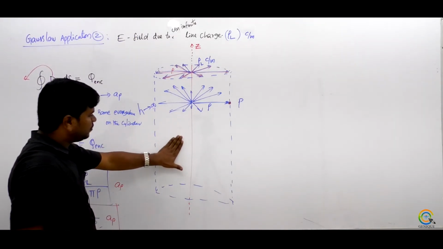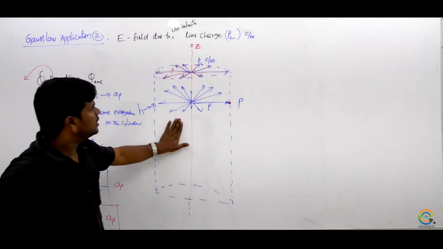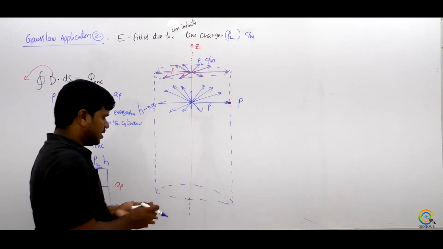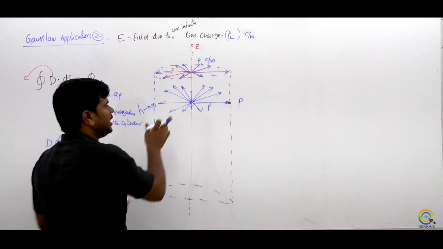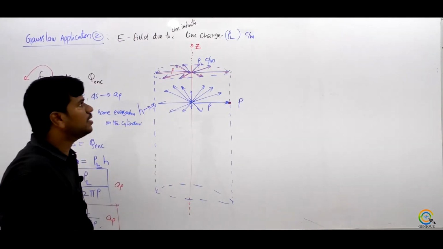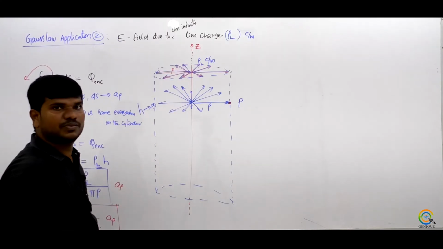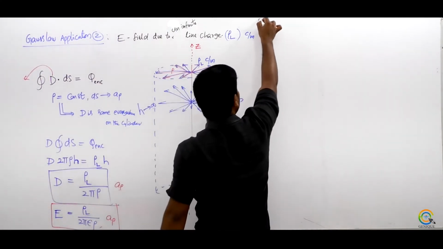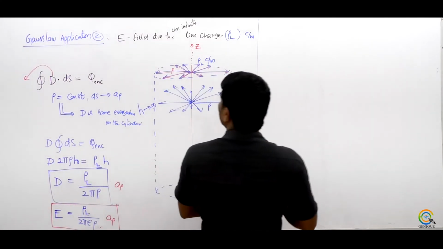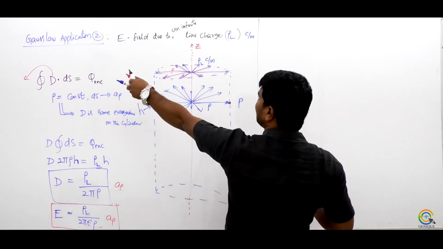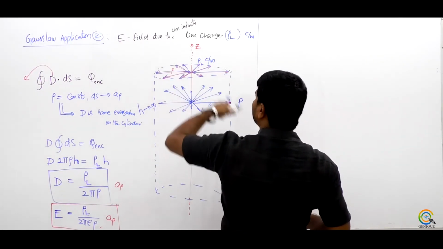So this is the electric field intensity. The E field is radially outward from the cause. What is the cause here? It is rho L. This is the Gauss law application for the electric field.